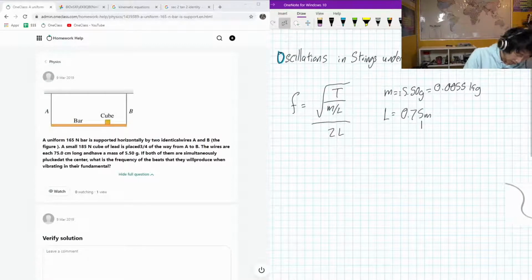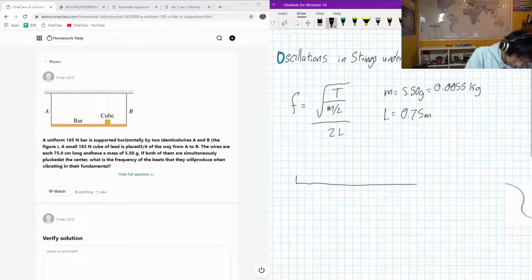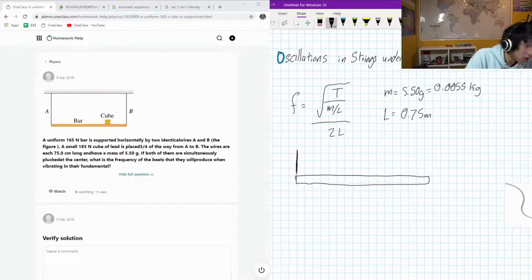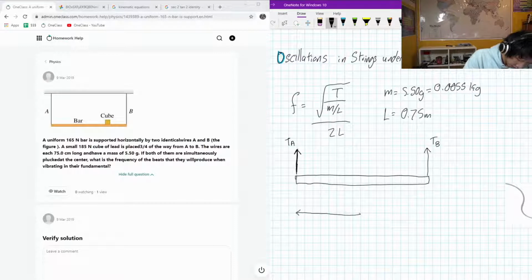Okay, so let's draw a free body diagram of this situation. Here we have tension A on our left side, and on our right side let's call that tension B. In the exact middle, we have a downward force, let's call that WB for weight of the bar, and three quarters of the distance closer to the B side, we have the weight from the cube, so let's say WC for weight of the cube.